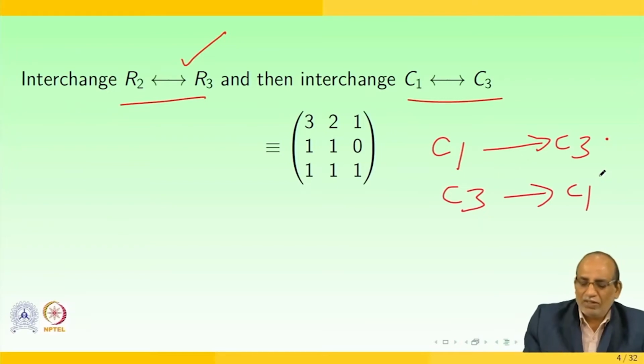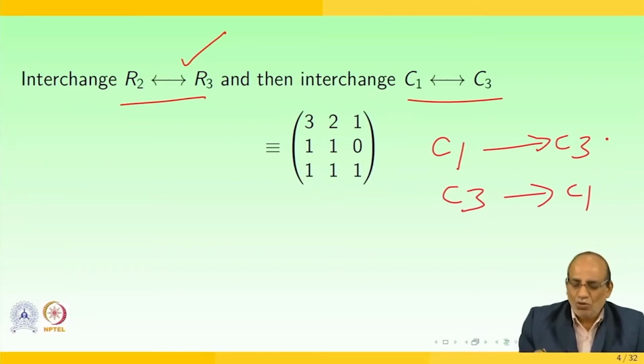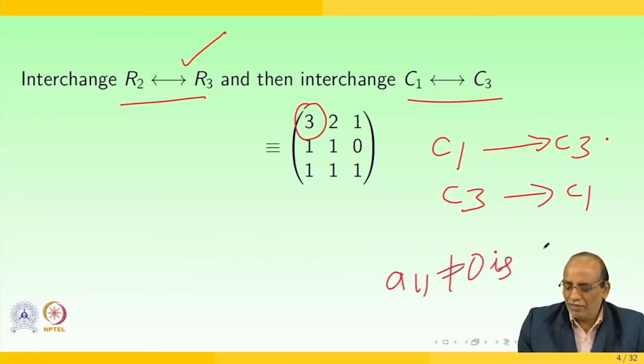With that, you get this 3 by 3 matrix, where A11 is not equal to 0 and is the maximum element.